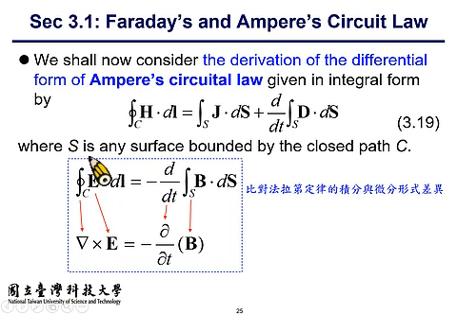OK, so you see the bottom left is the comparison of Faraday's law in integral form and the differential form. So the closed loop integral of electrical field becomes the curl operation of E. And the time derivative of magnetic flux, which is the total magnetic flux in a region.